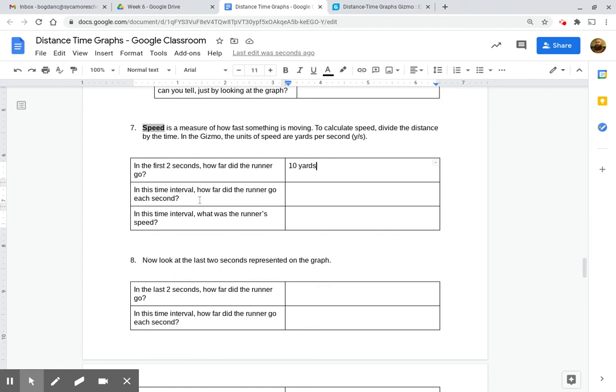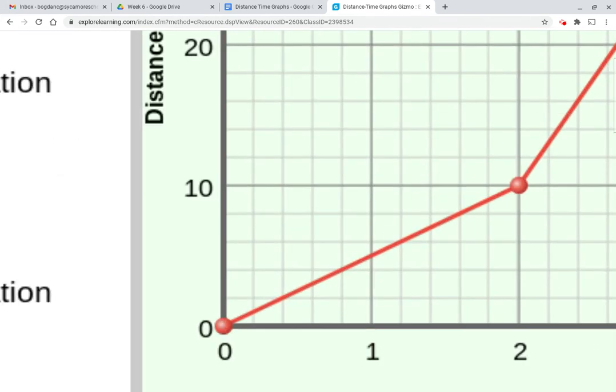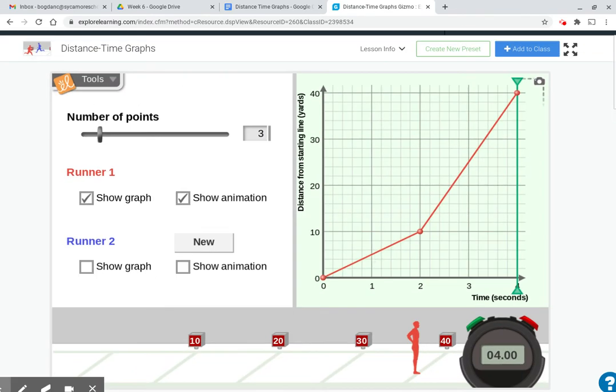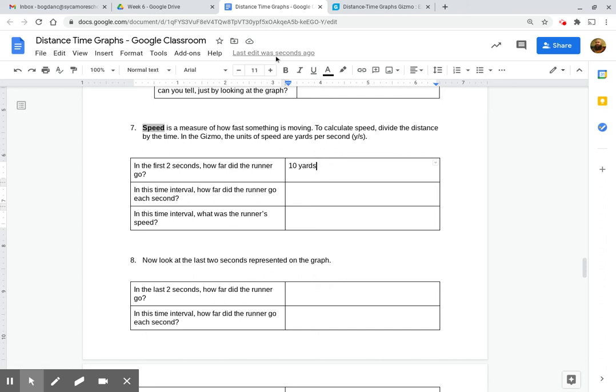In this time interval, how far did the runner go each second? Well, it took them 2 seconds to go 10 yards. So each second is 5 yards. If you notice, at 1 second, they are halfway between 4 and 6, and that's 5. And that makes sense. So 5 yards and 5 yards would be 10 yards in 2 seconds.